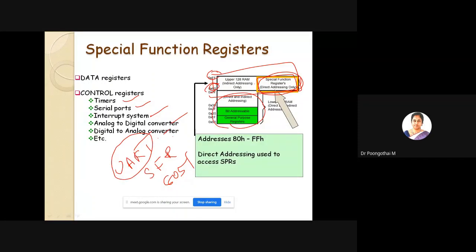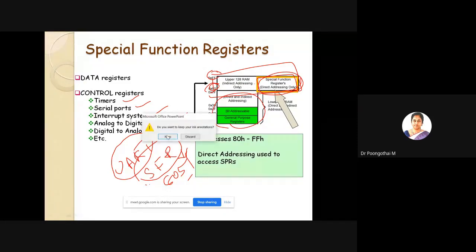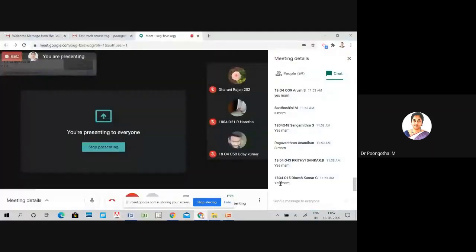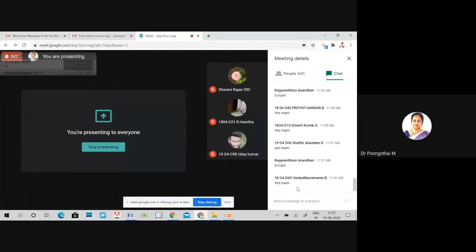The main role of the special function registers is to control the entire operation of the 8051 microcontroller. Is it clear, students? Any doubts?